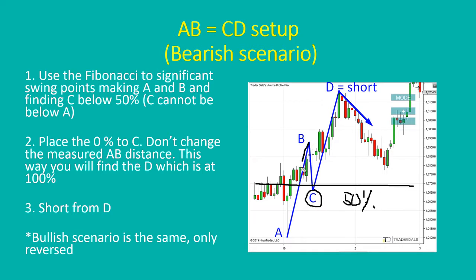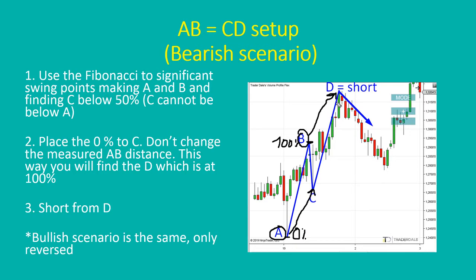Then, as you have the Fibonacci tool in here, you move it with your mouse, so the 0% of the Fibonacci, which was in here, moves to point C, and 100% of the distance of the Fibonacci tool, which was in here, in B, goes to D. Maybe this sounds a bit complicated, but basically it just says that you transfer this distance from here to here.